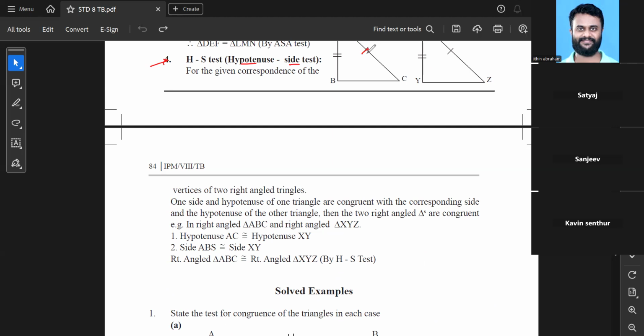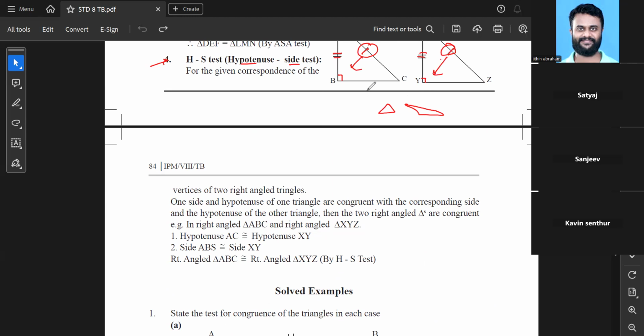Which means if you get the hypotenuse congruent and any one side, either this side or this side, whichever side you feel, then you can directly say that both the triangles are congruent. By the way, whenever you speak about hypotenuse, this is applicable only for right angle triangles. You should not forget. For equilateral triangles, obtuse angle triangles, hypotenuse is not applicable. Hypotenuse is applicable only for right angle triangles. This you must remember.